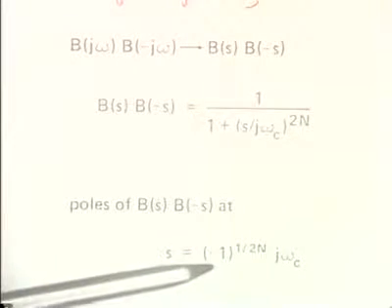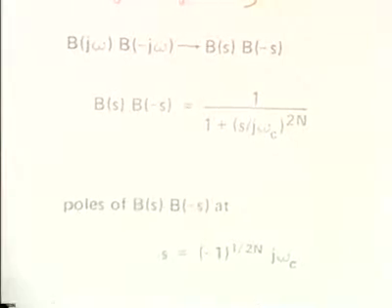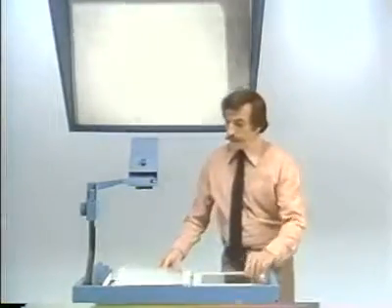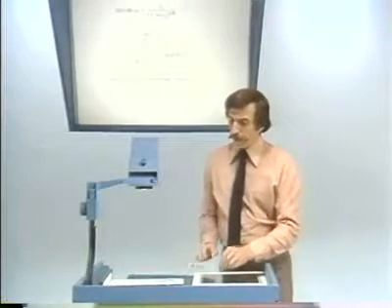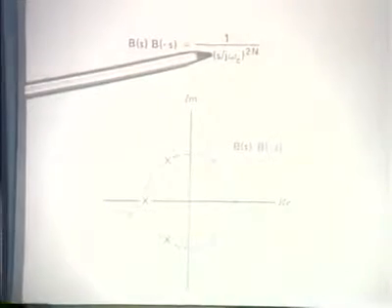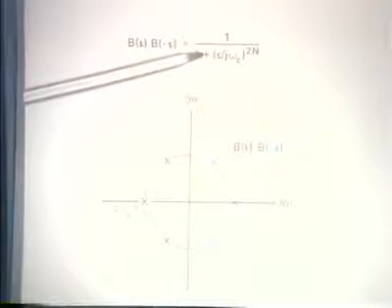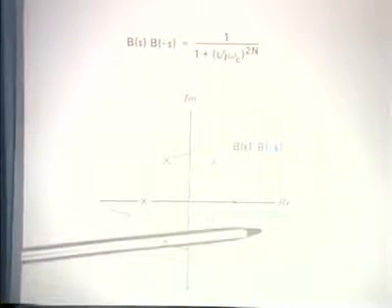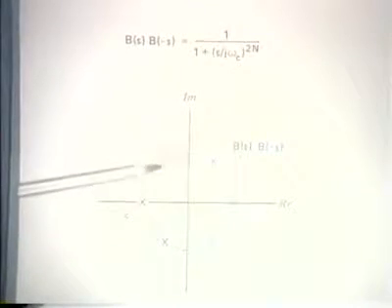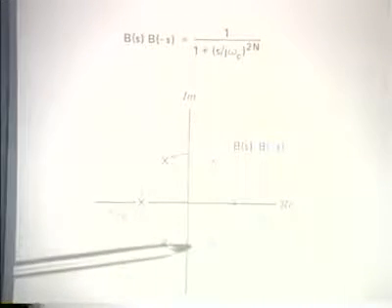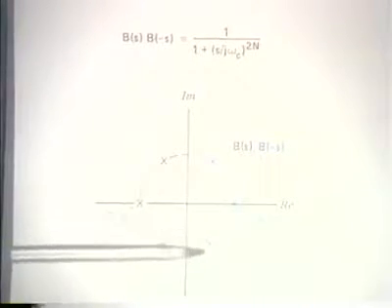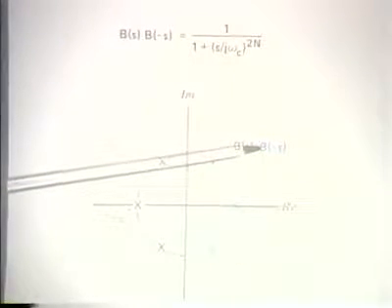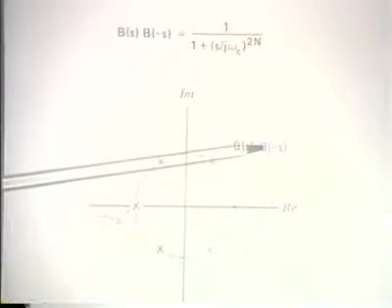Those roots, in fact, all lie on a circle, and the consequence of that is that the poles of this expression are on a circle. The circle is of radius omega sub c, and the poles are distributed around the circle. Here I've illustrated the poles of B of S times B of minus S for the specific case where capital N is equal to 3.